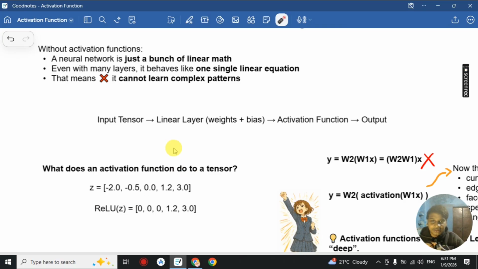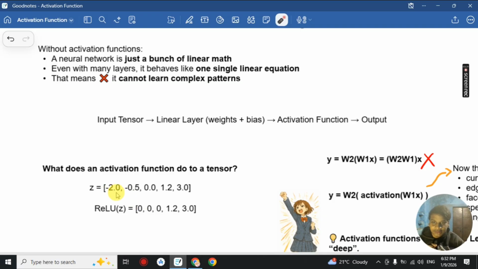So what does an activation function do to a tensor? Here you could see that we get a tensor from a neural layer. Then we pass it to the most famous activation function, named ReLU. Basically it ignores all the negative values.